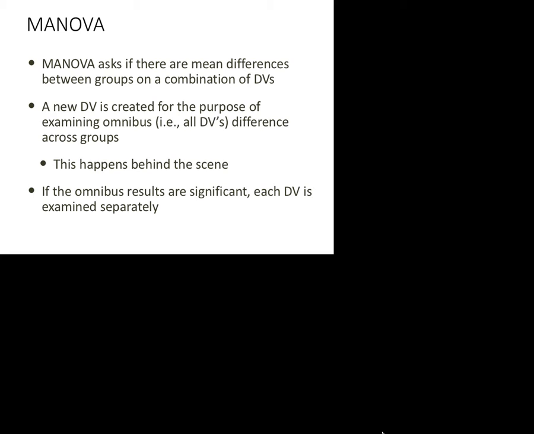Exactly the same interpretation, exactly the same post hoc tests, exactly the same interactions. So we're only adding one small piece, that top-level multivariate piece, and then everything after that we've already done, and it's just going to be more review.